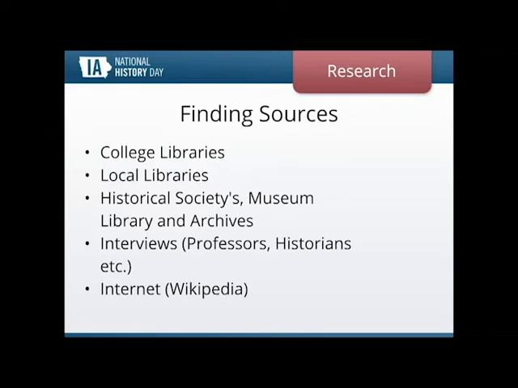The internet is also a great way to do some preliminary work on your topic, but please make sure it's not the only source you use. In addition, many historical societies and universities are digitizing collections of primary source material and making them available online. I've also pinpointed Wikipedia on here because I've seen this a lot the past couple years.